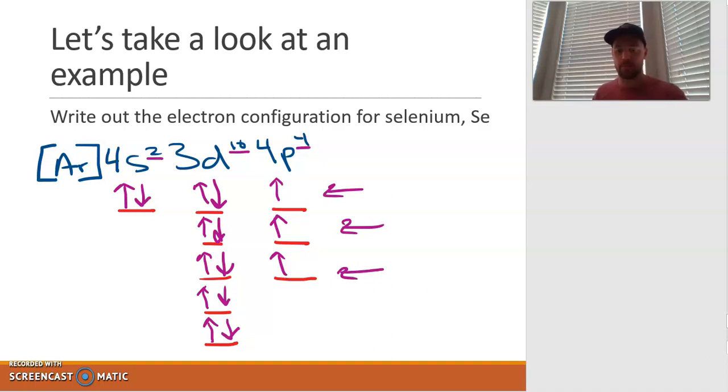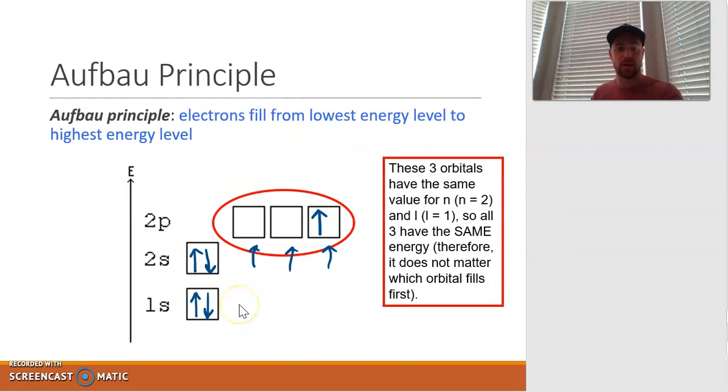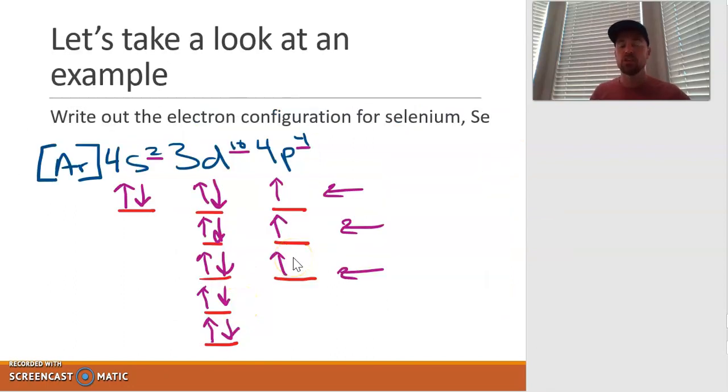We talked about that previously on this slide right here. It's just drawn differently. So where do I put that 4th electron? I could technically put it right here, and that's totally fine. It's probably driving some of you nuts that I did that, but that's to prove a point that it doesn't matter. All 3 of these orbitals here are in the same energy level and same shape, so they're all the same energy. So that 4th electron can go in any of these 3 orbitals here.